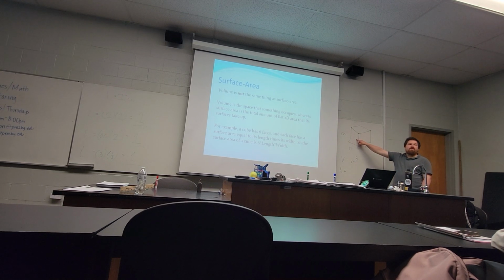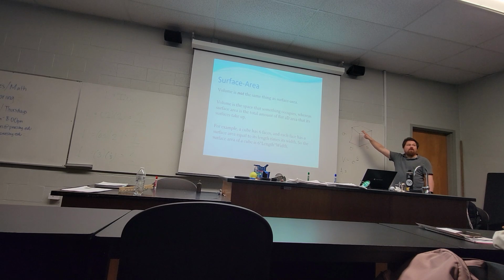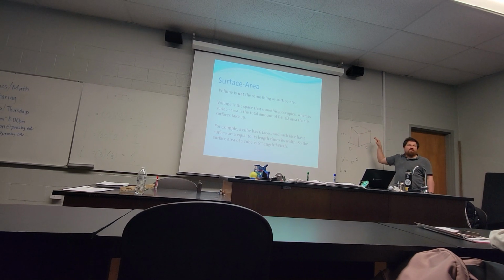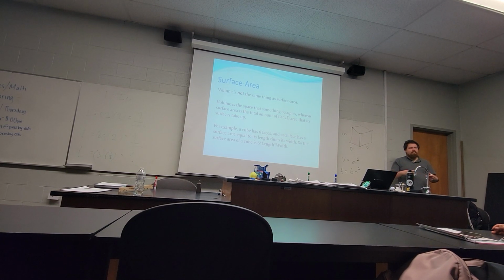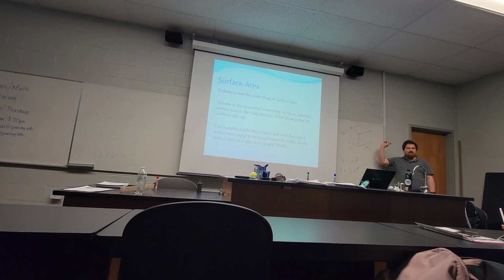How many faces does a cube have? 6. Now, if it's a cube, all those faces should be the same, right? If it's a perfect cube. And that means that the formula for the surface area of a cube is 6 times length times width. Since length and width are the same on a cube, a times a is a squared. So it's 6 times a squared because there's 6 faces being added together to create that total amount of area.